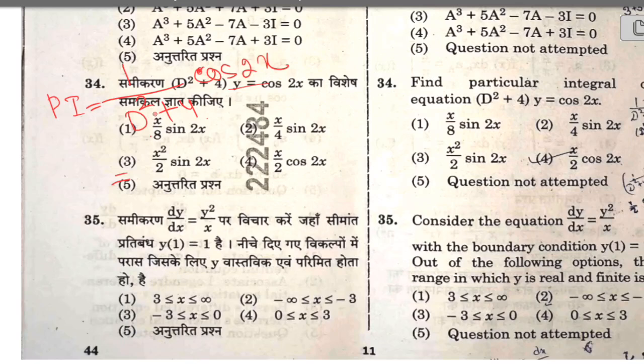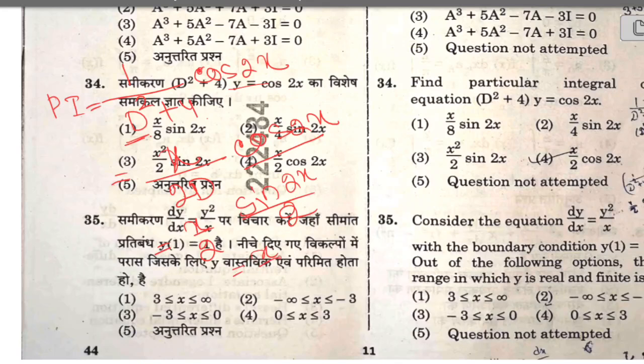As it is not satisfying, you have to use the derivative relation. So the next step, x times 1 by 2D cos 2x. So x by 2, and 1 by D means we have to carry out the integration of cos 2x, so it will be sin 2x by 2. So it will be x by 4 sin 2x. So your correct option is option 2.